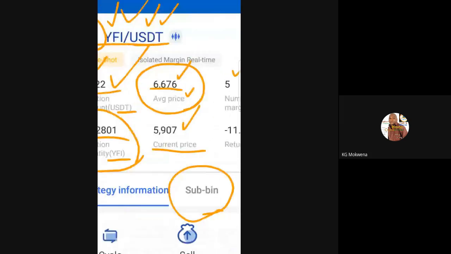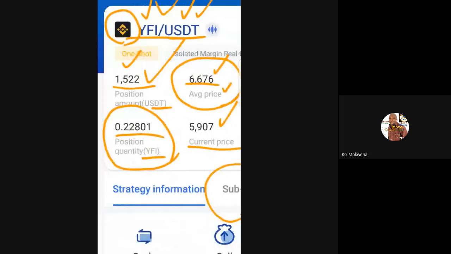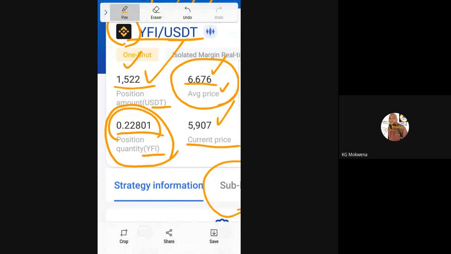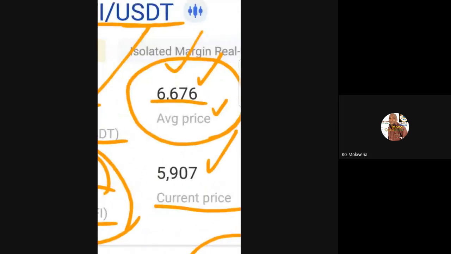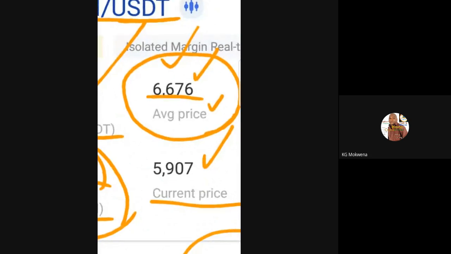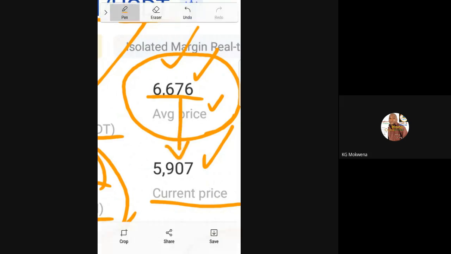So now you know that, averagely, this quantity was acquired for you at the price that is here, which is $6,676. However, the market is no longer up there. The market dropped to $5,907.